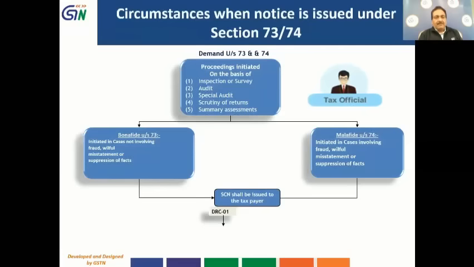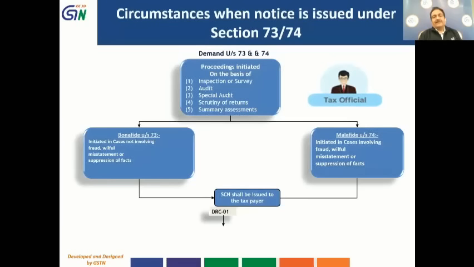As I have already illustrated, section 73 provisions are invoked in cases where the reasons for such short payment or non-payment do not involve fraud, willful misstatement or suppression of facts to evade payment of tax. These are normal reasons, and bona fide is clear.